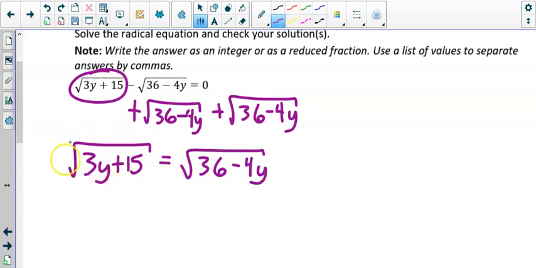So is my radical right here, the square root of 3y plus 15, by itself? Yes. Because everybody under the radical is protected, just like inside the absolute value, it was protected. So this radical is by itself. All right, now we can start to solve. How do you get rid of a radical? What takes care of a square root? You square it. That's right. So we're going to square both sides.